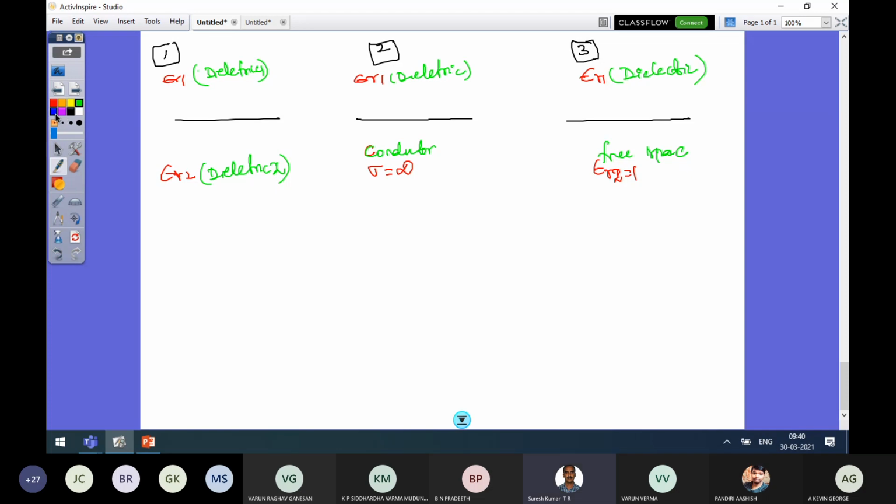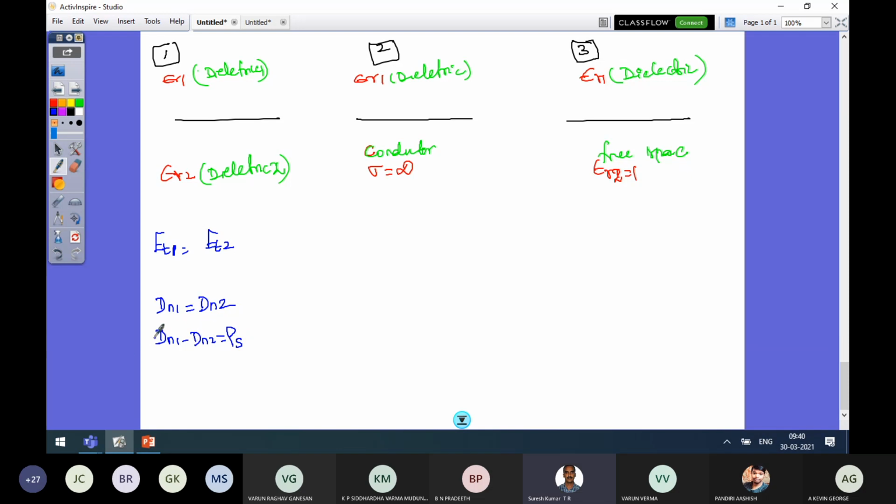So already we have established the equation ET1 equal to ET2. Then for the normal component, Dn1 equal to Dn2, or the other possible equation is Dn1 minus Dn2 equal to rho s.